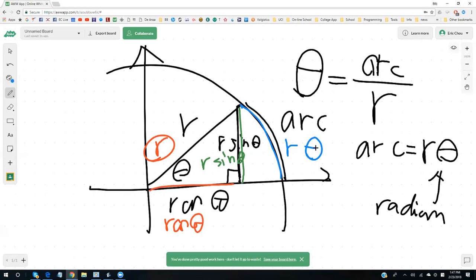Now understand why I'm doing this. As long as you know this R and this theta, there's R cosine theta, there's R sine theta, and there's R theta. That's the whole set. Is that okay? Yeah.